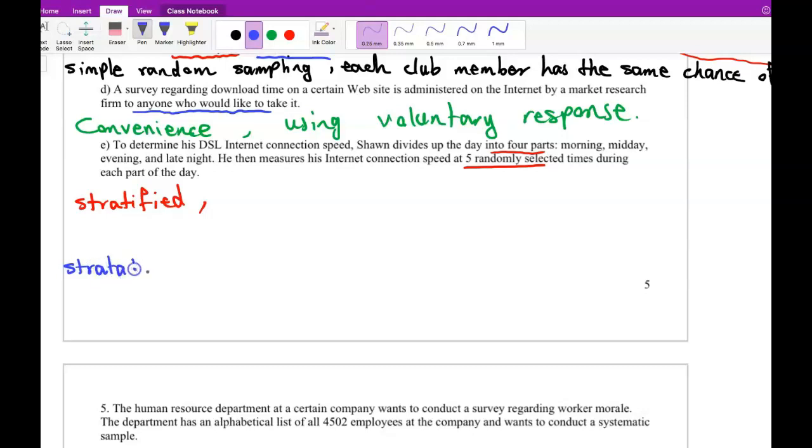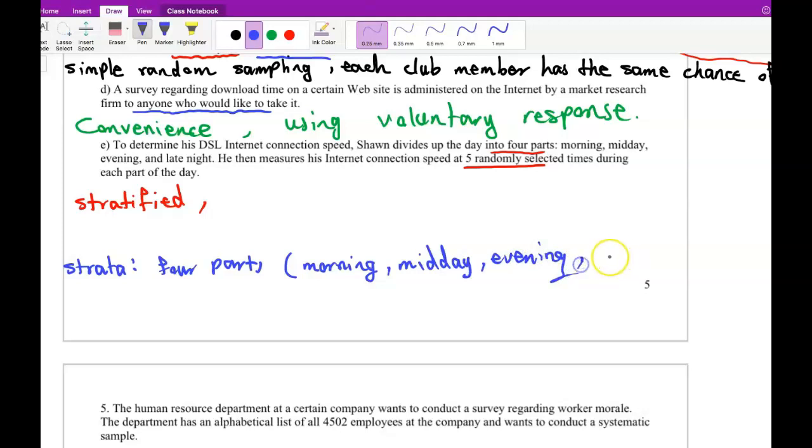We don't need to write this down. I only want to explain which one is a strata: morning, midday, evening, and late night.